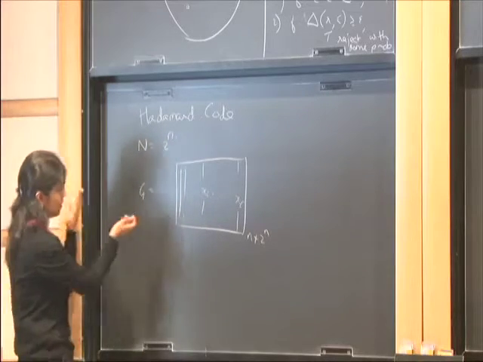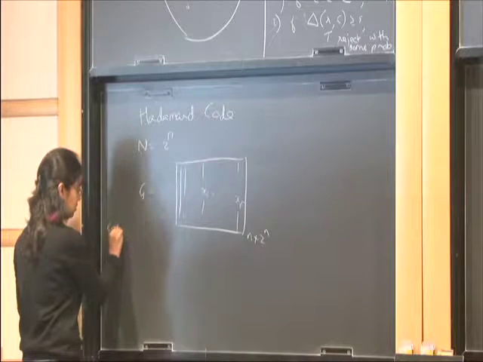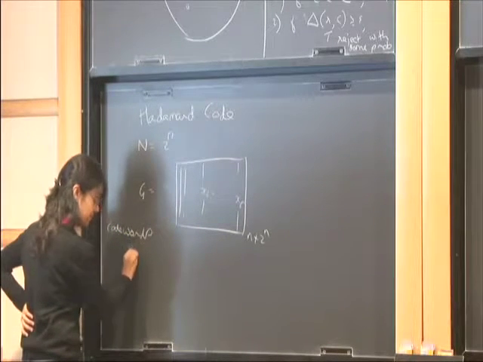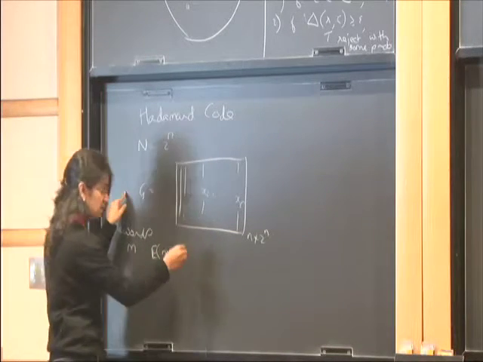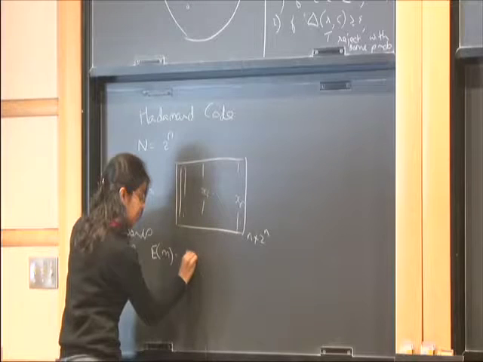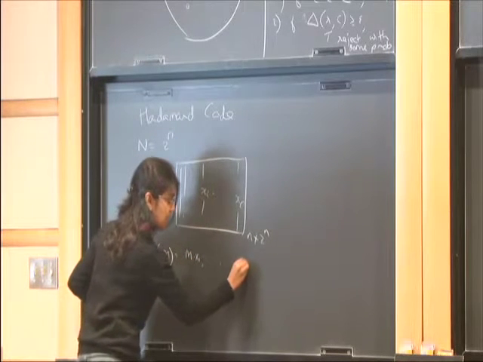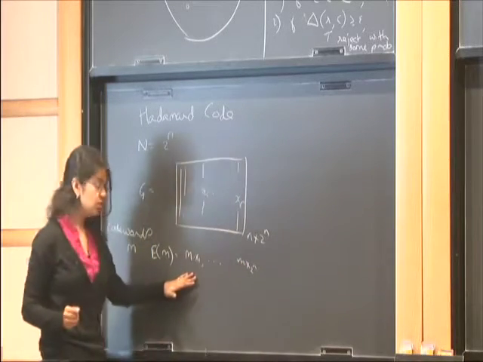And so what do the code words of the Hadamard code look like? If you have a message m, the encoding of the message m is just m times G. This is the inner product of m with x1, m with x2, up to x_{2^n}.